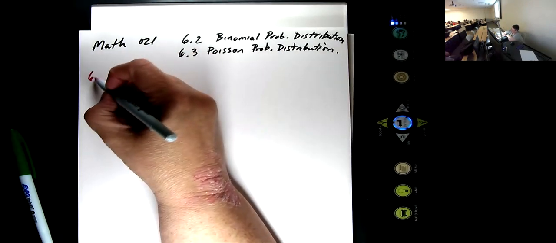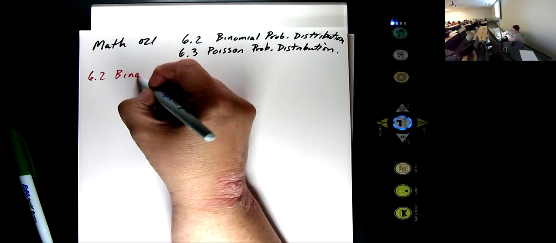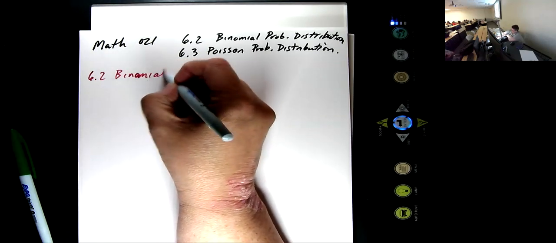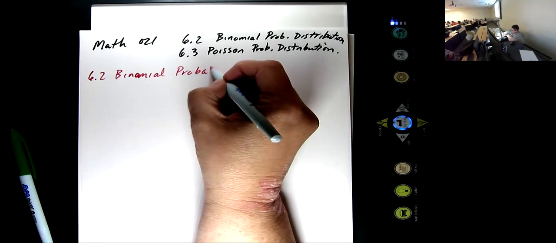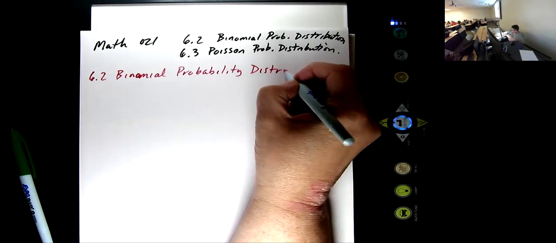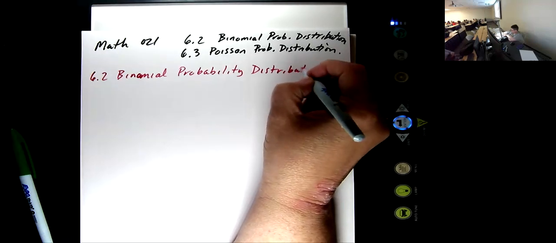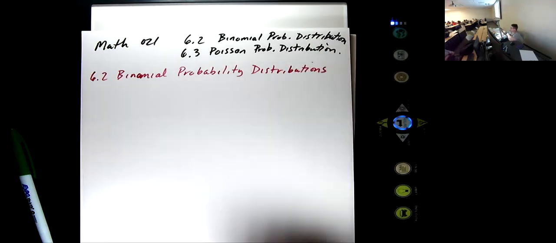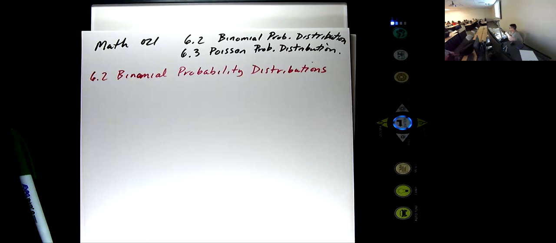So 6.2, binomial probability distributions. Binomial has the word bi in it. Bi means two.